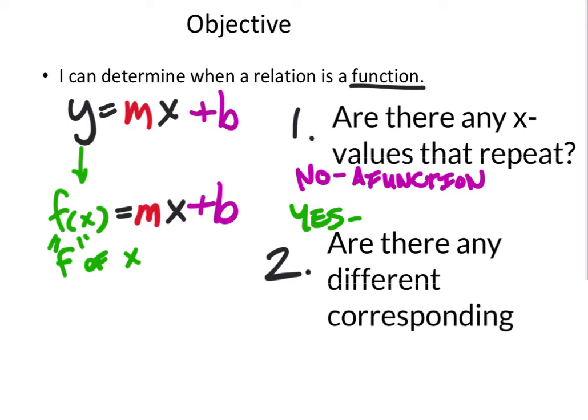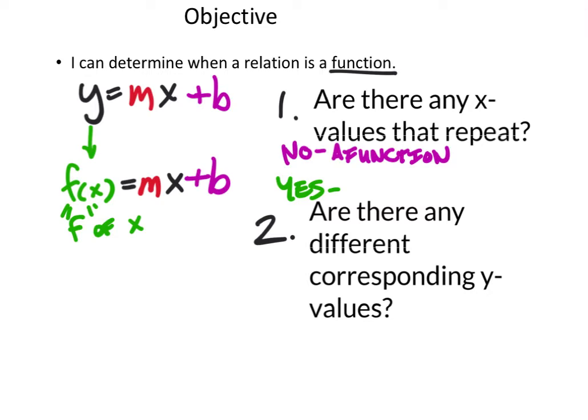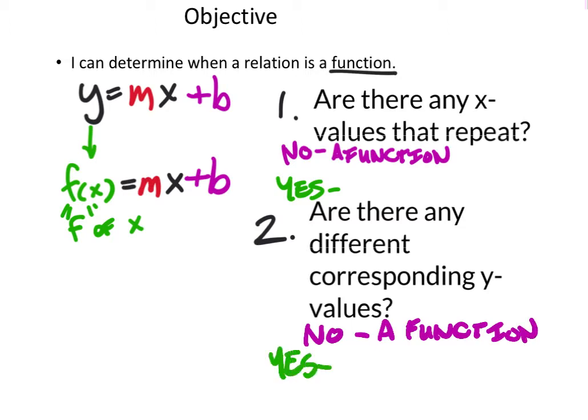All right, so then we'd check that. Then we run into another yes-no situation, right? So if the answer is no, they are not different, then it's a function again. If the answer is yes, then it is not a function. Like this, okay?